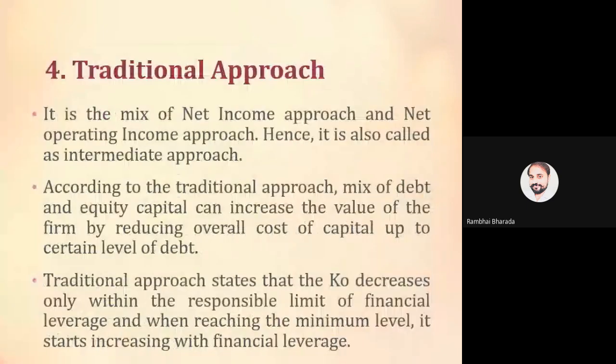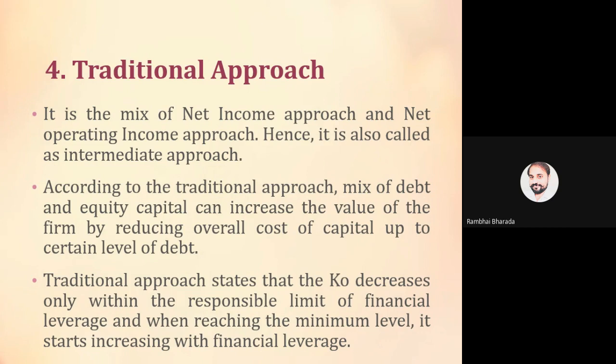Okay. Next one, traditional approach. This approach is a mix of net income approach and net operating income approach. In our language, it's a cocktail of two theories, NI and NOI.